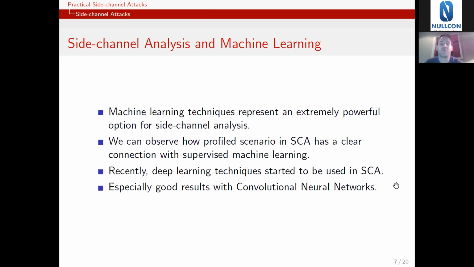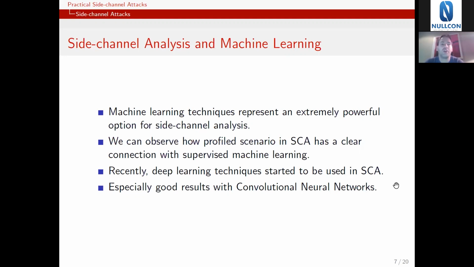In supervised machine learning, we have two stages: a stage where we train, and a stage where we test. Connecting that with the profiled scenario in side channel, the training phase is like having the identical copy of the device, while the testing phase is like attacking the device under attack.